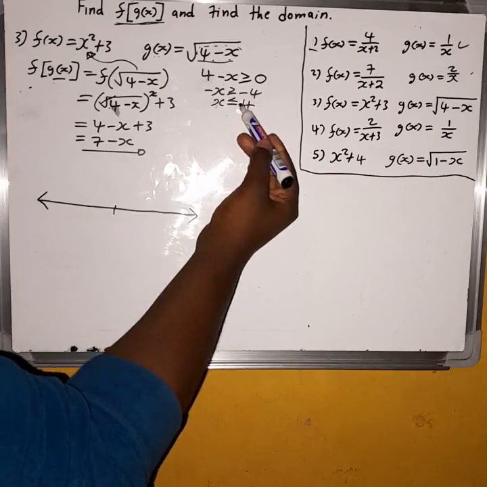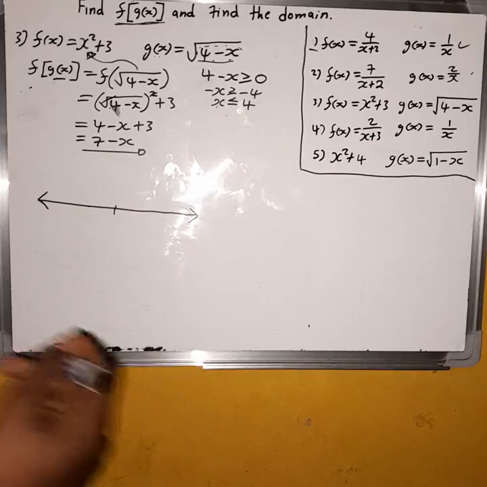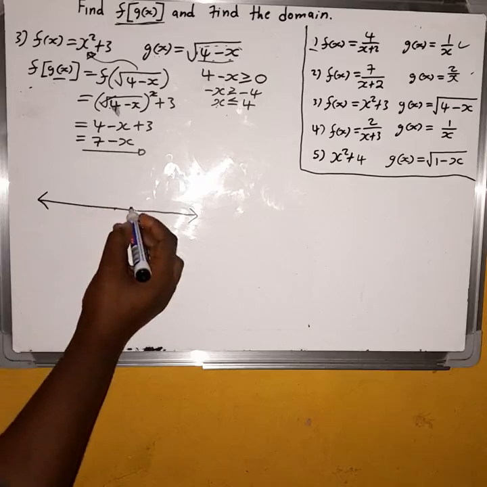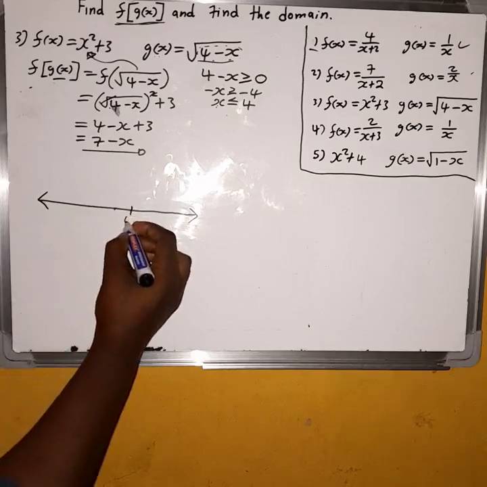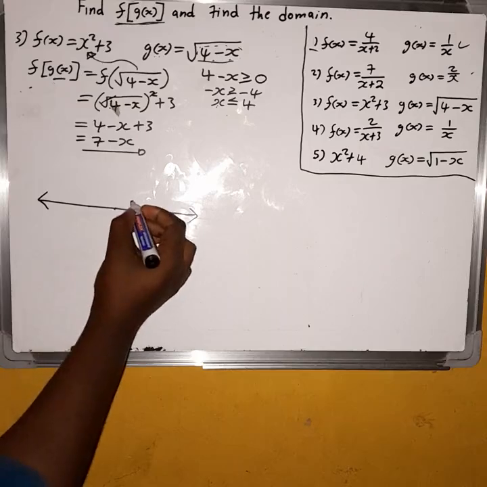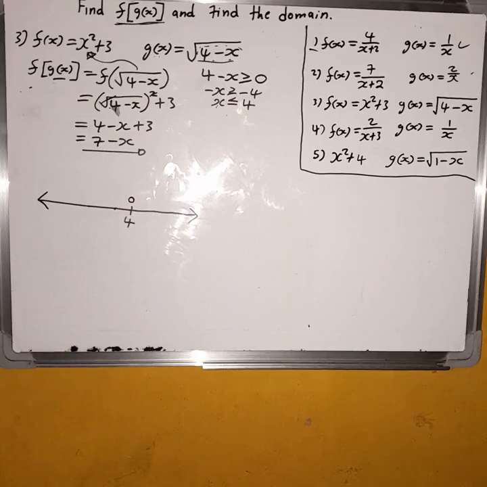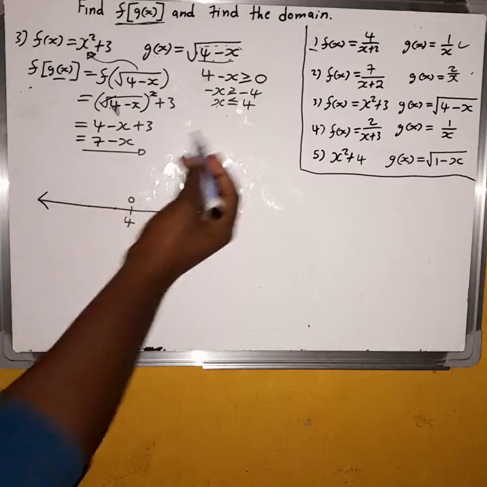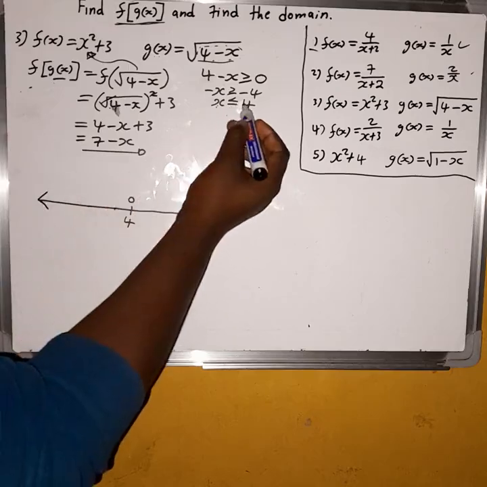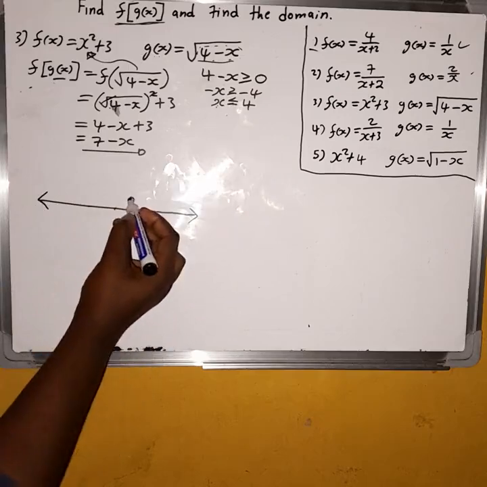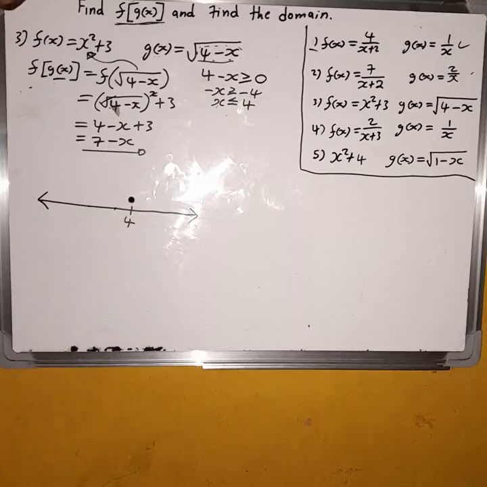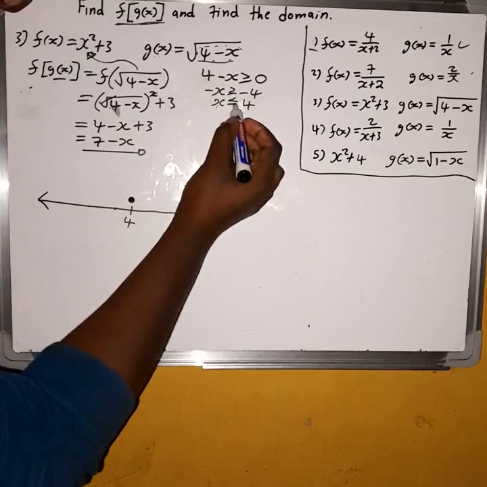x must be less than or equal to 4. Let me put 4 there, then I make the dot here. Anything in that direction must be less than, or equal, so I would use a closed dot, not an open dot, because 4 is included there.